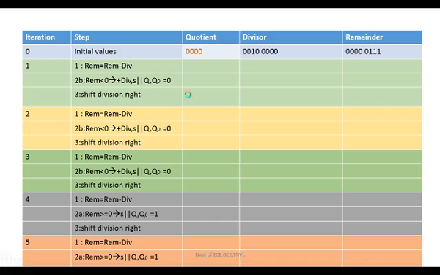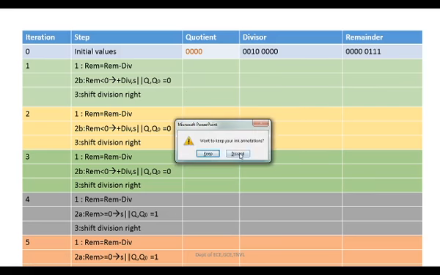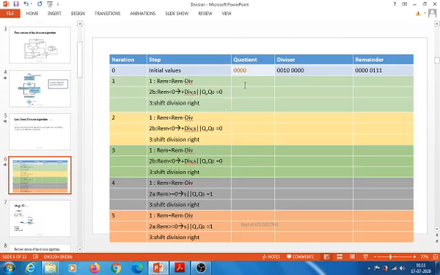So let us crack it. Coming to this point, this is the quotient register 0000, the divisor is 00100000, and the remainder holds 00000111. Okay, the first thing is that we need to do the remainder step, that is, remainder is equal to remainder minus divisor.